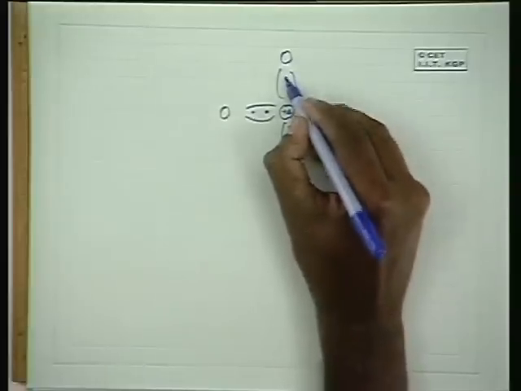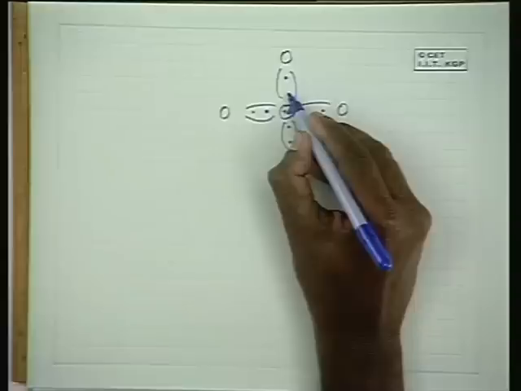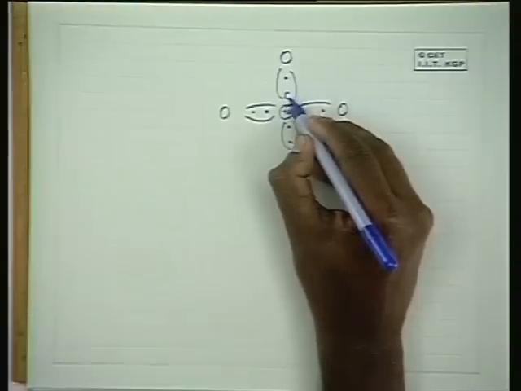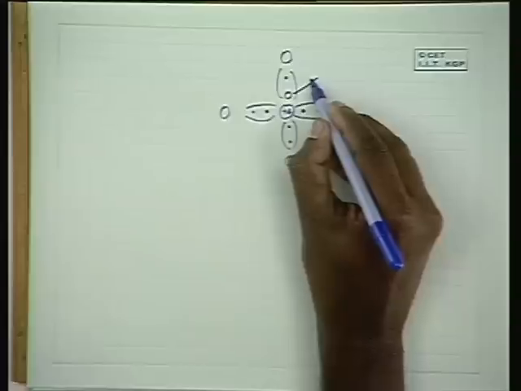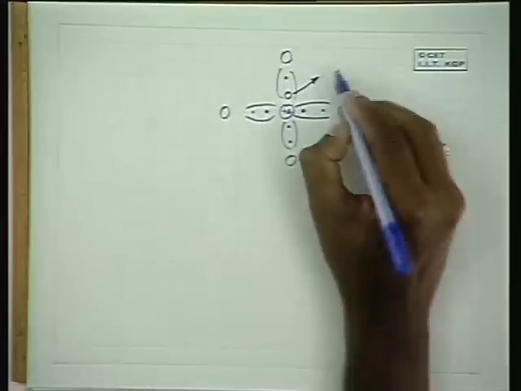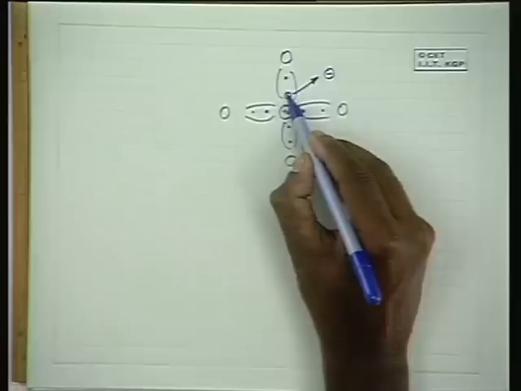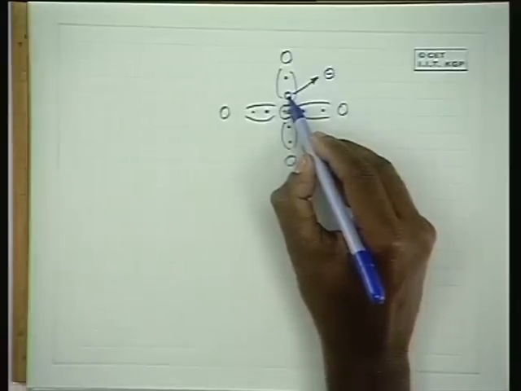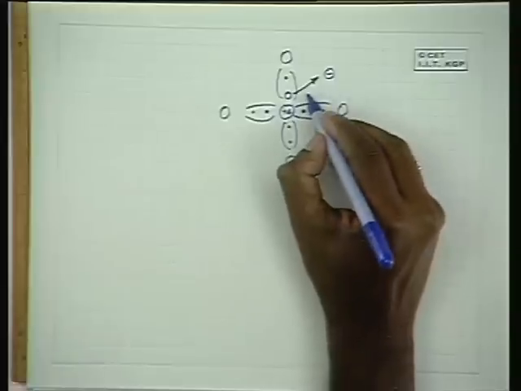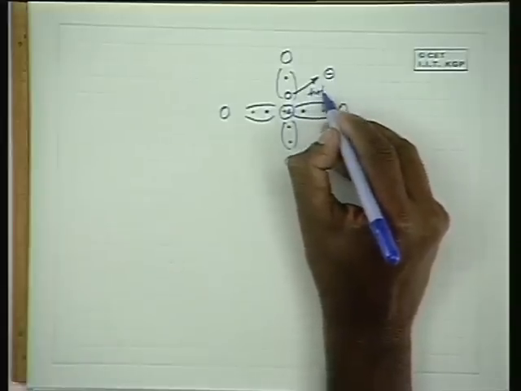Now when, due to the imparting of thermal energy, an electron jumps out of the covalent bond, a space is formed here. This space is free of electron, so it is known as a hole.